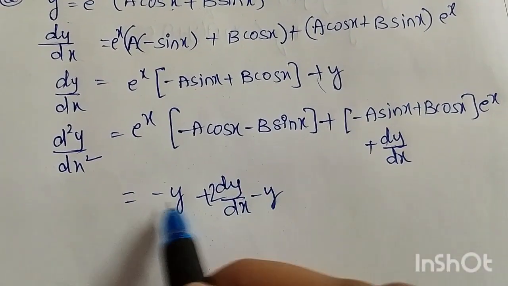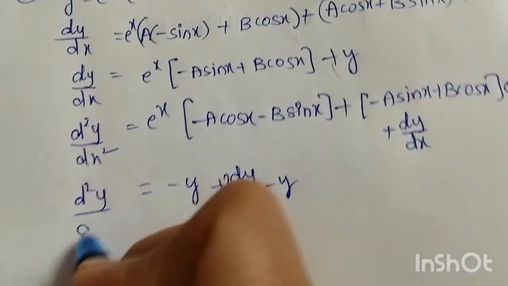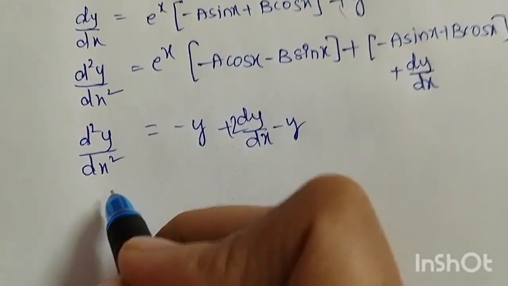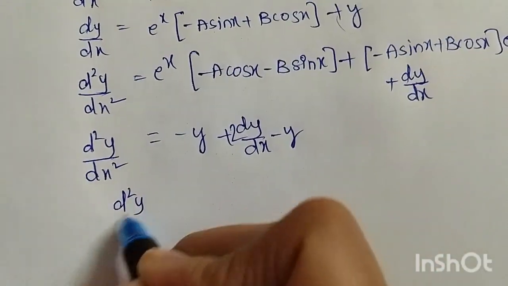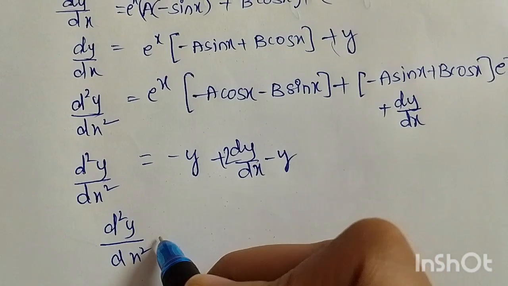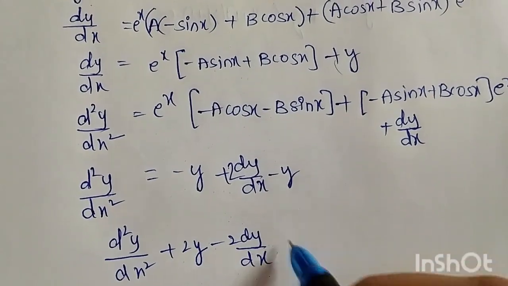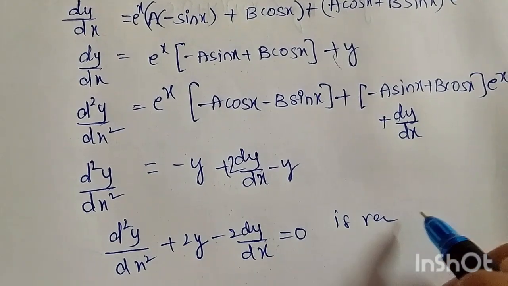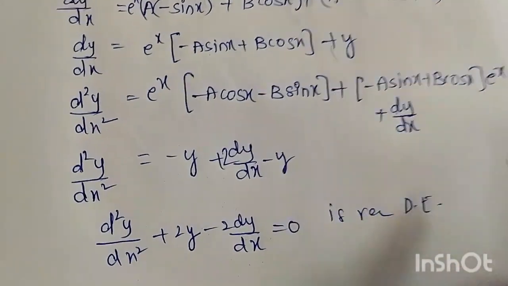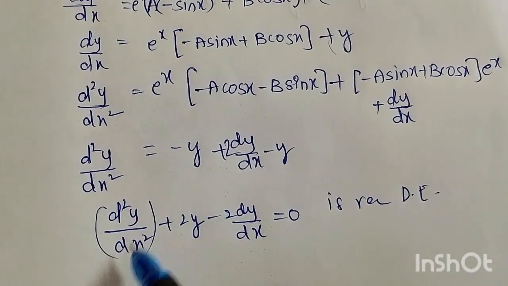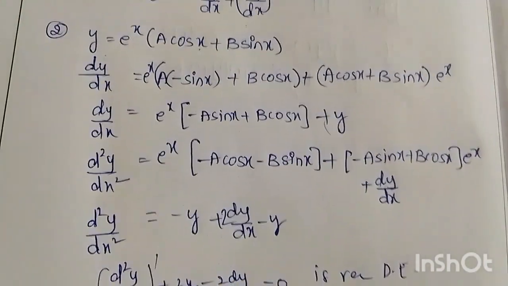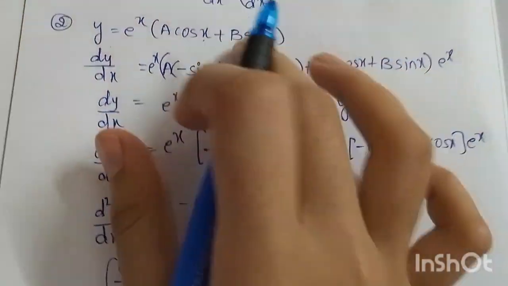So easily we eliminated the constants. Therefore the final answer will be d square y by dx square minus 2 dy by dx plus 2y equal to 0, the required differential equation of order 2 and degree 1. So this is how you eliminate the arbitrary constants and find the differential equation.